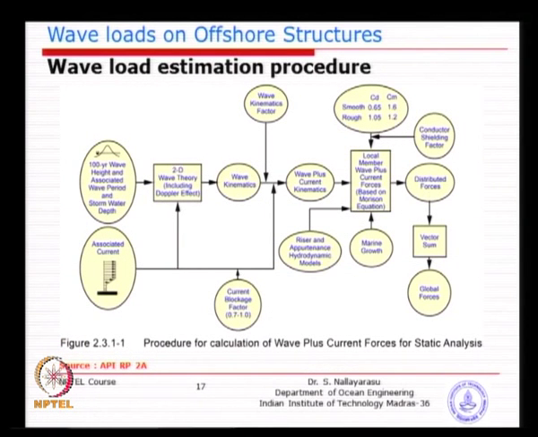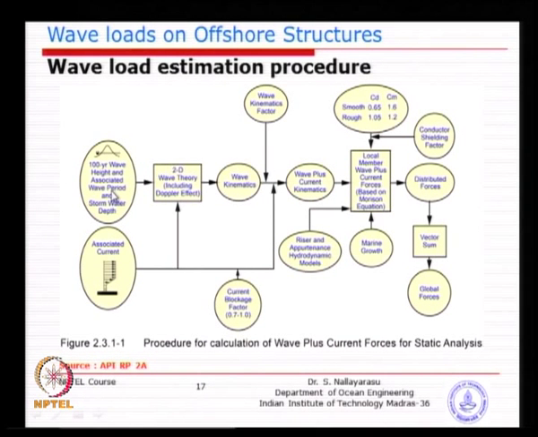The same steps that you have just seen are given in a chart form by API. In fact, the whole chart is developed by API just to make sure that you do not forget. It is not a technical flow chart, it is basically an idea that you should keep everything in mind while evaluating wave load on a structure.